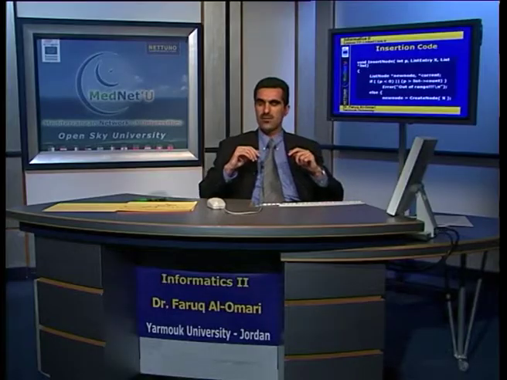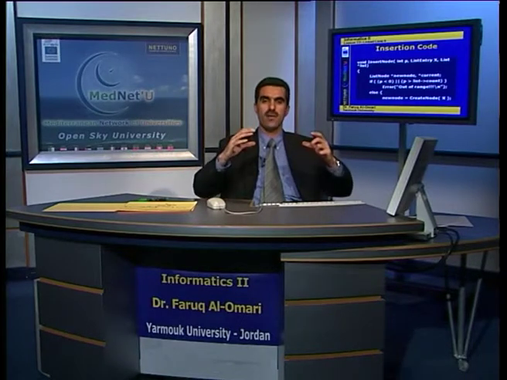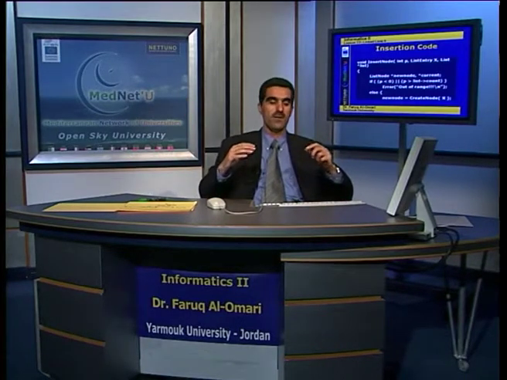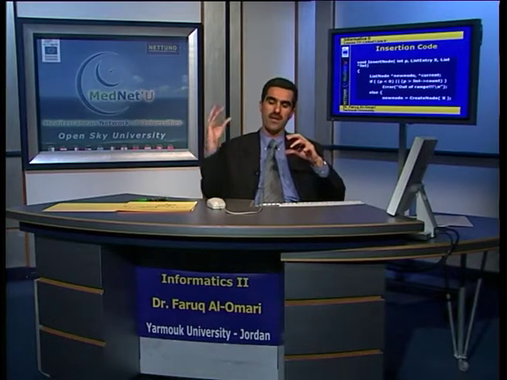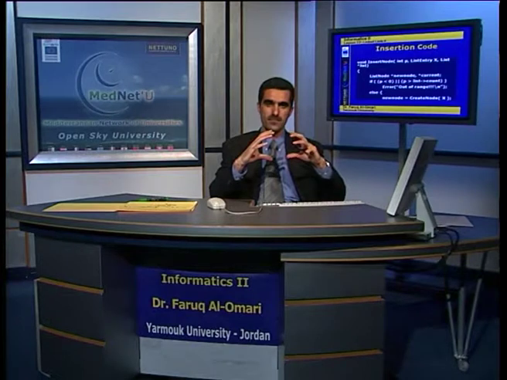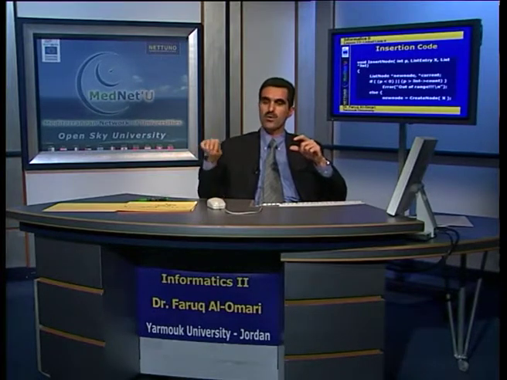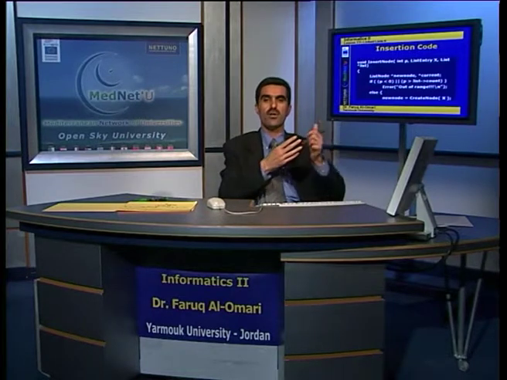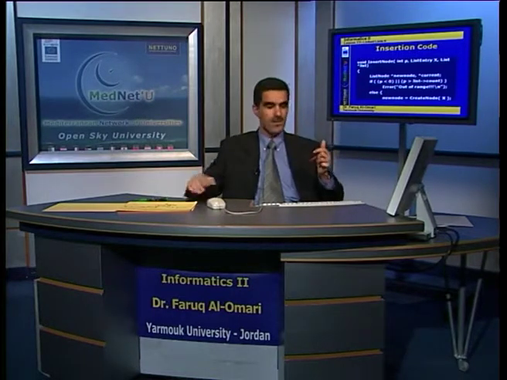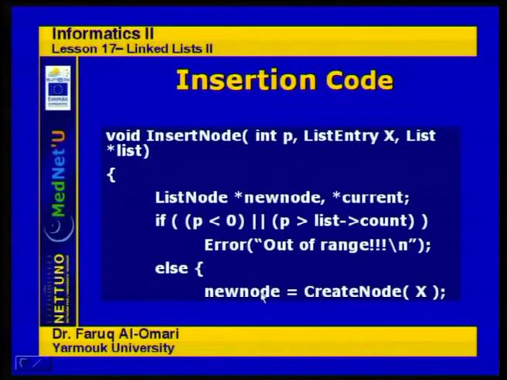What it does is allocate space somewhere in the memory, wherever available, for a node, take the data x and place it inside that one, make it point to null after that, and return a pointer which points to it. And this pointer is our local variable new node.